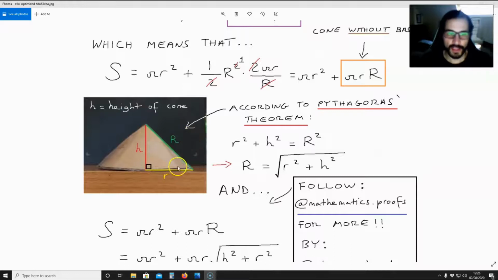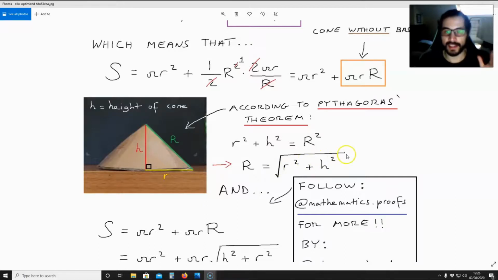Okay, according to Pythagoras' theorem, small r squared plus h squared is going to be equal to big R squared. And if we transform this equation over here, what we get is big R is equal to the square root of r squared plus h squared.